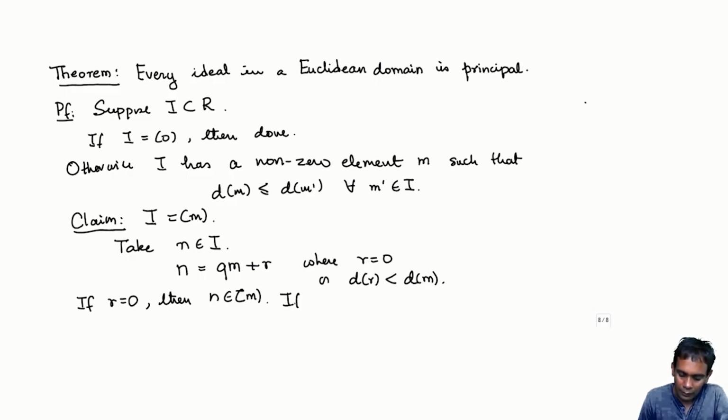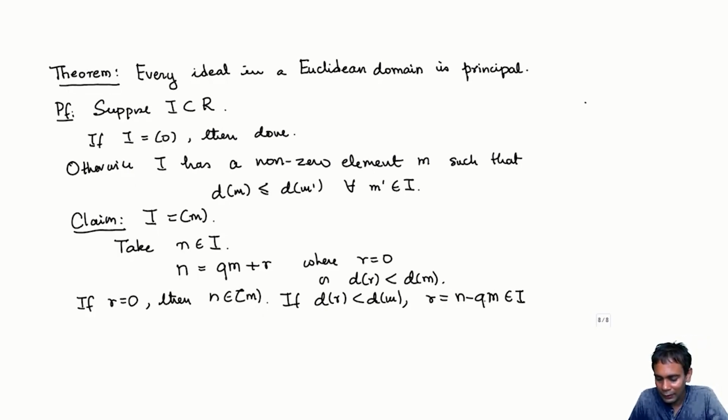Okay, if d(r) is strictly less than d(m), then we also know that n is in I and m is in I, and r is n minus qm, so this is also in I, right?